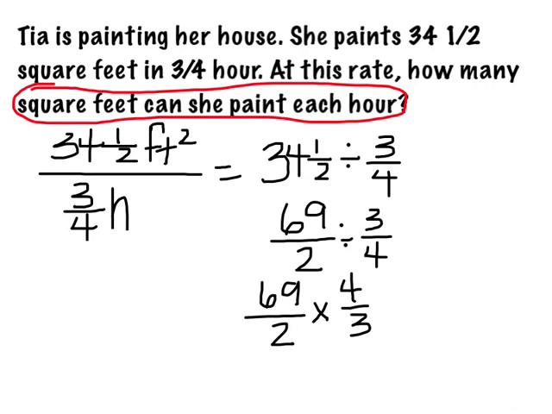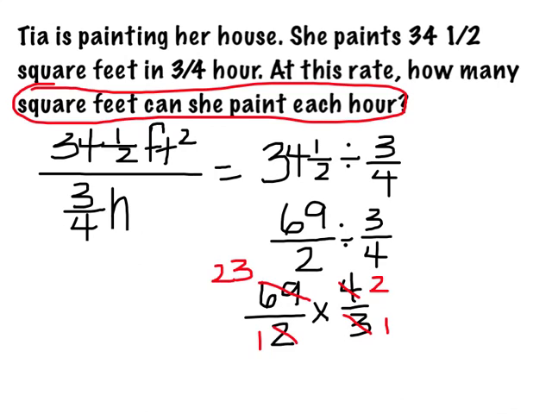In this problem, I can simplify in my diagonals. 2 and 4. 2 goes into 2 once and into 4 twice. And 3 and 69. 3 goes into 3 once and into 69 23 times.